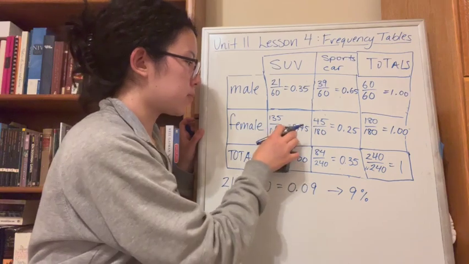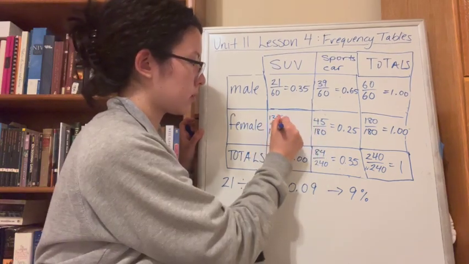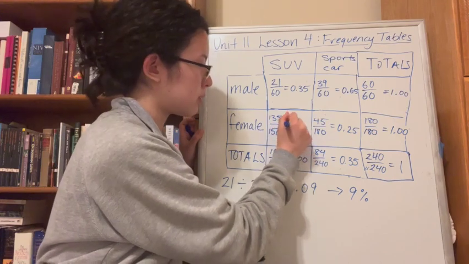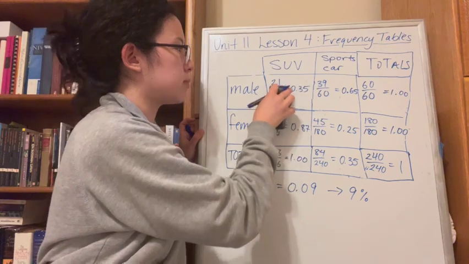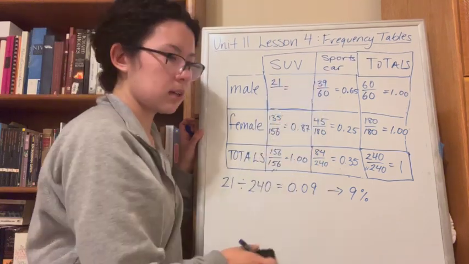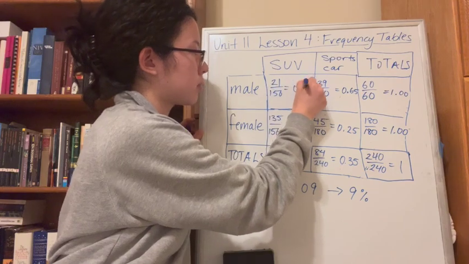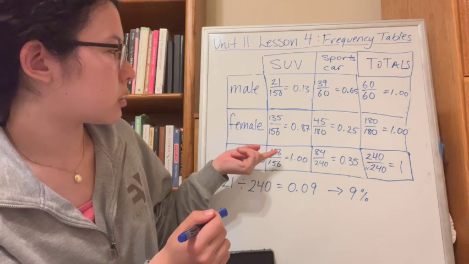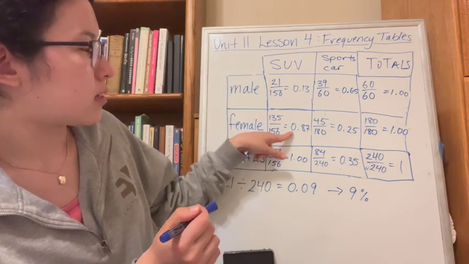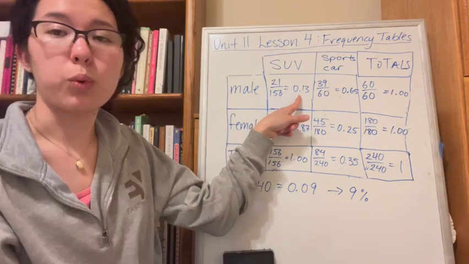I'd divide this by 156 and I would get 0.87. And finally, I would divide this by 156 and I would get 0.13. So what this is showing us is that among the people who liked SUVs, 87% of them were women and 13% of them were men.